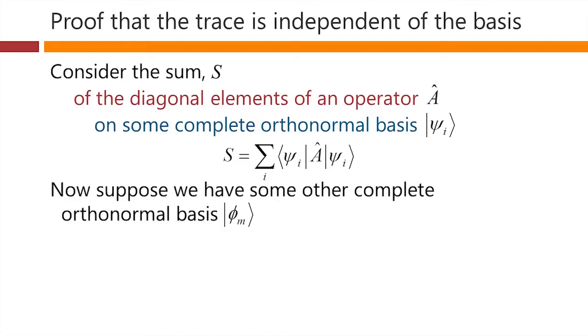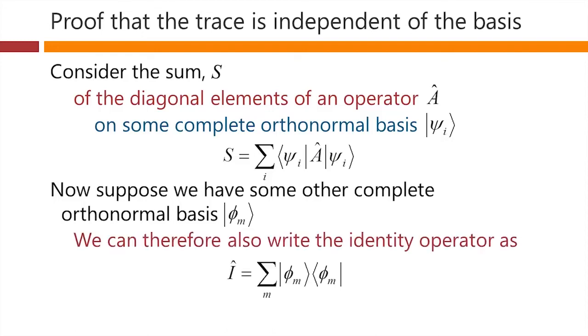Now, suppose that we have some other complete orthonormal basis that we could use. So maybe this was the energy eigenbasis, and maybe this is the momentum eigenbasis, for example. We are postulating that since this is a complete basis, we can also write the identity operator like this if we want to.